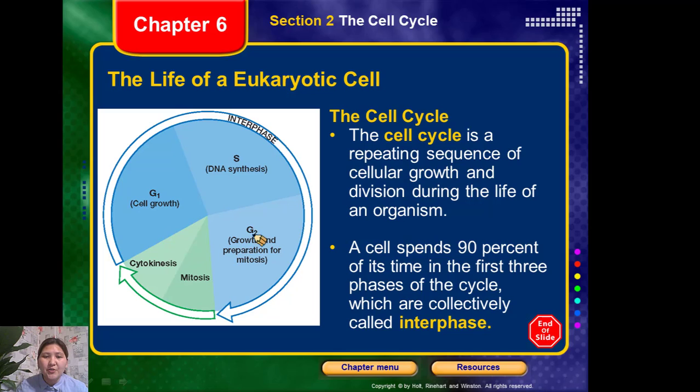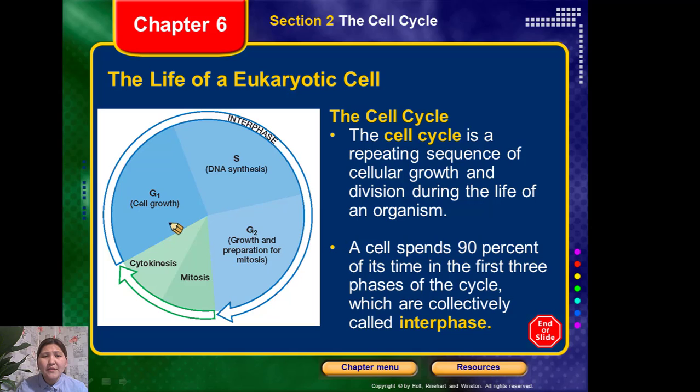Then during G2, growth and preparation for mitosis. This is actually the part of the cell division, which we say is mitosis and meiosis. They have some differences, of course. We'll talk about it.